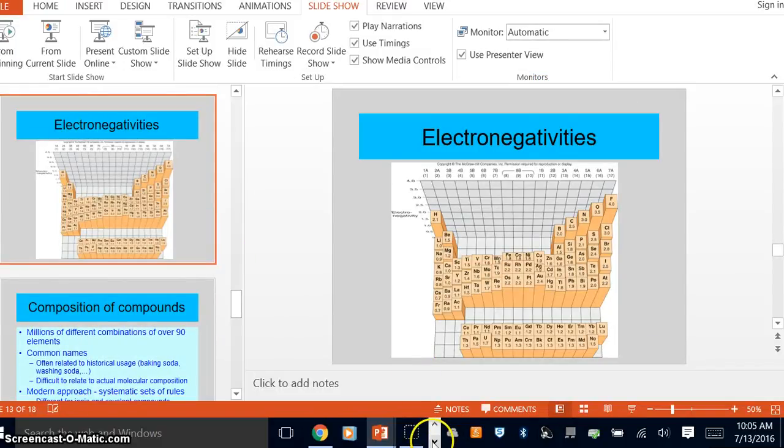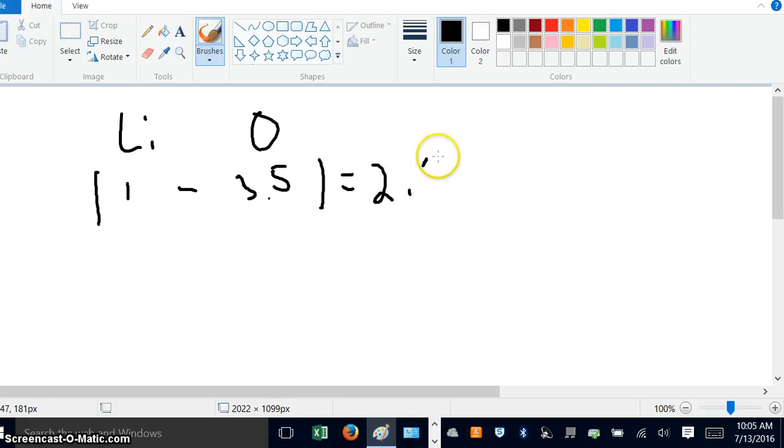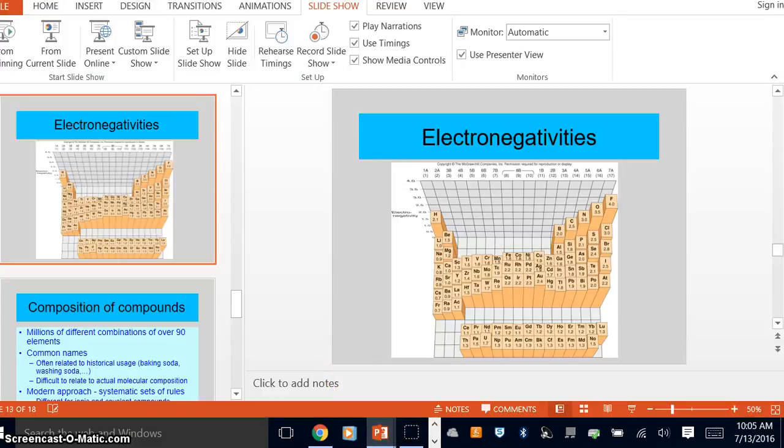So let's see, lithium, what did we say? Lithium was 1 and oxygen was 3.5. You just take the absolute value of the difference between those two, and we get 2.5, right? Then you look on this table right here.